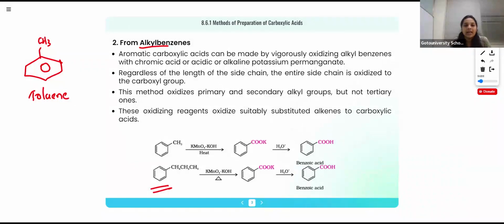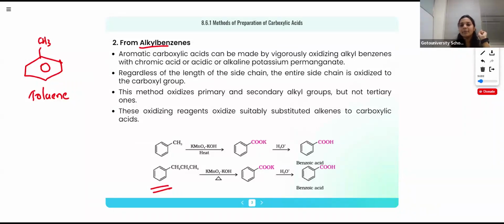How? See, in the previous one we discussed only aliphatic carboxylic acids, meaning the alcohols can be converted into acid by using a strong oxidizing agent. Next one is aromatic carboxylic acid.